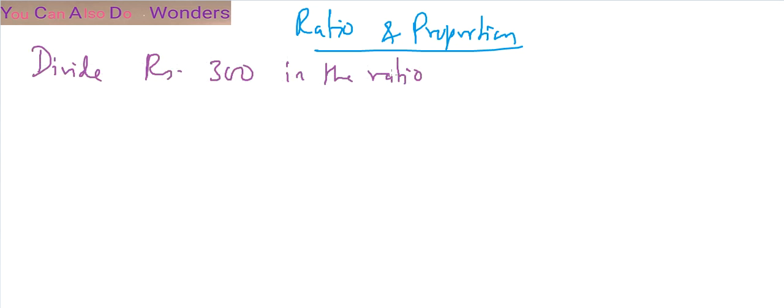For example, let's say we want to divide rupees 300 in the ratio 4:5:6.